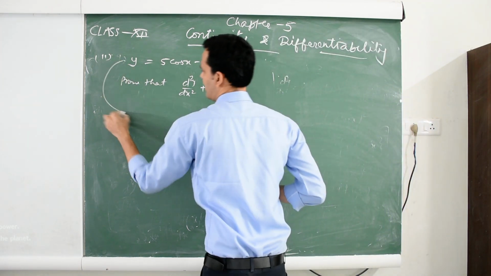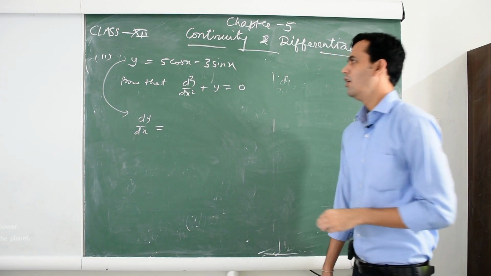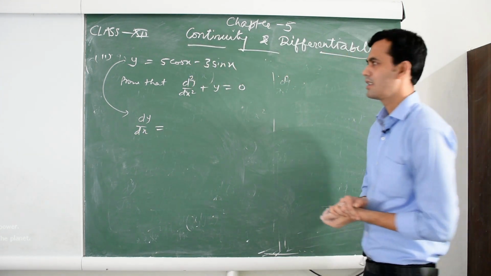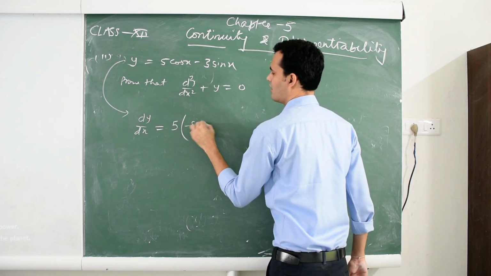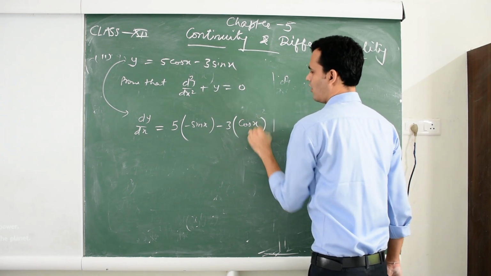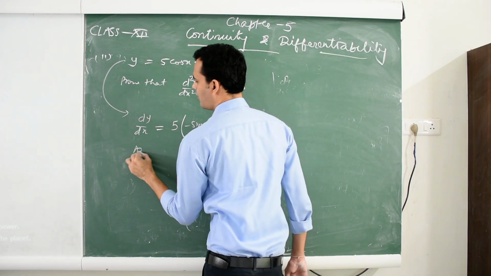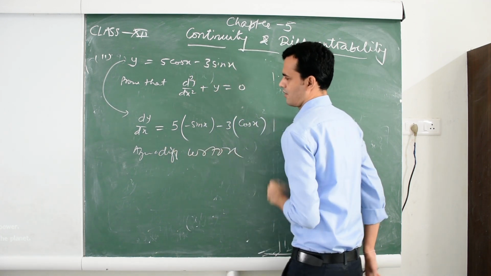So we take this and differentiate it. dy by dx: 5 times differentiation of cos x is minus sin x, minus 3 times differentiation of sin x is cos x. Again differentiate with respect to x.